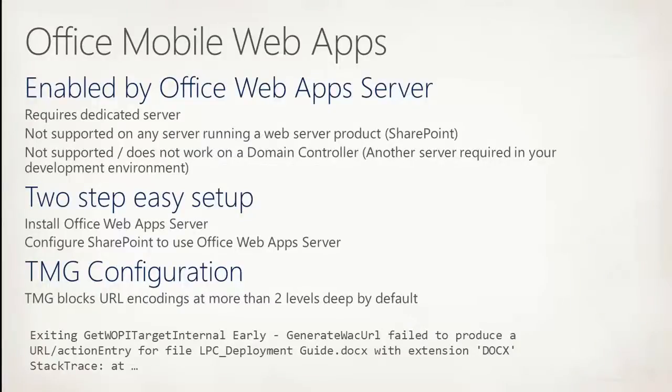We run all of our environment behind a TMG server, and so as we were setting this up so I could do a demo over it on the internet, I found out it didn't work, and we were trying to figure out why, and then we figured out that basically TMG is going to block the URL encodings more than 2 levels deep. Well, when you're going through the TMG server to the SharePoint server to the Office Web App Server, those URL encodings exceed 2 levels. You'll see this message at the bottom of the screen here.